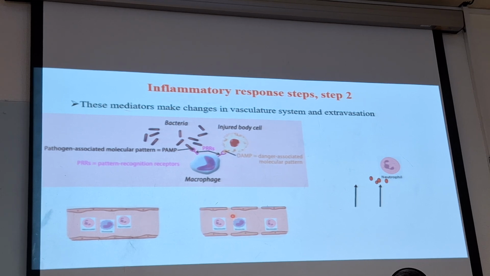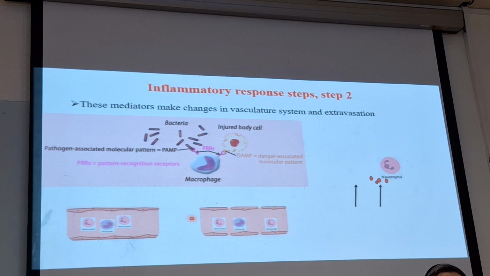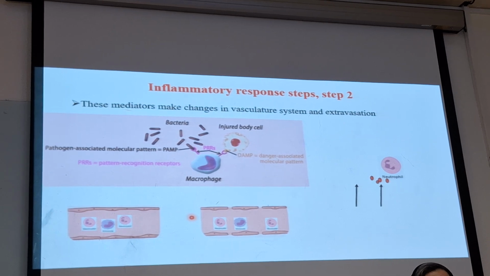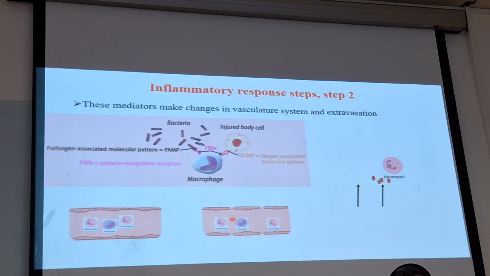Because in this condition there is space between endothelial cells, and the endothelial cell will be shorter than before, okay? So there is increased permeability, and nitric oxide also affects smooth muscles surrounding blood vessels, okay?